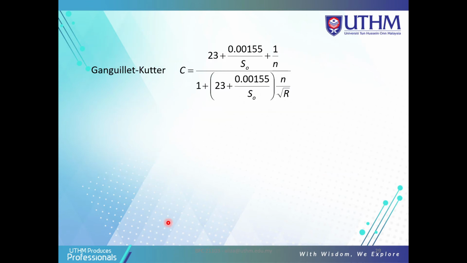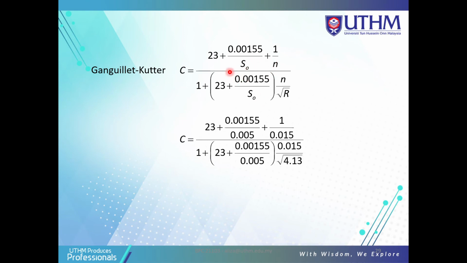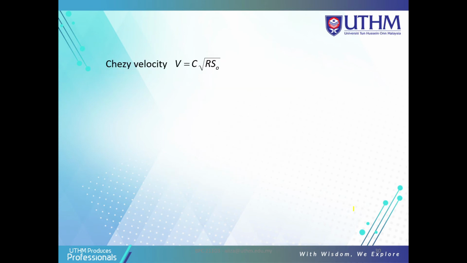After that you just use the Ganguillet-Kutter formula. This formula is given in your test 1 and your final. You just use this to get the C. Just put all the values into this formula, so you get the value of C. After you get the value of C, use the Chezy formula to get the velocity.